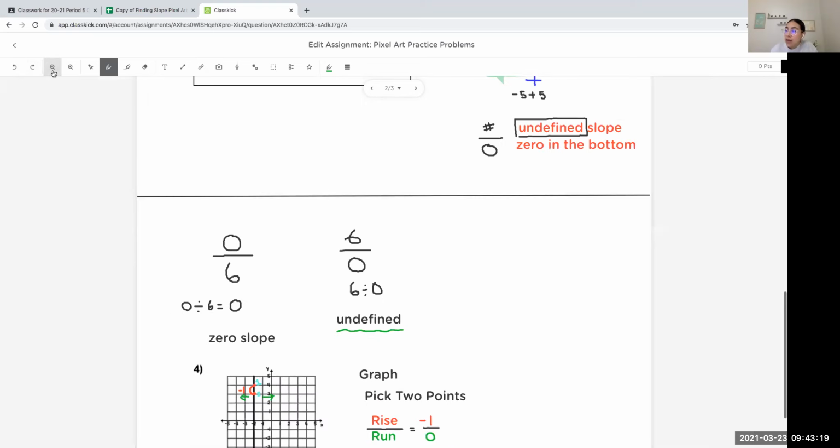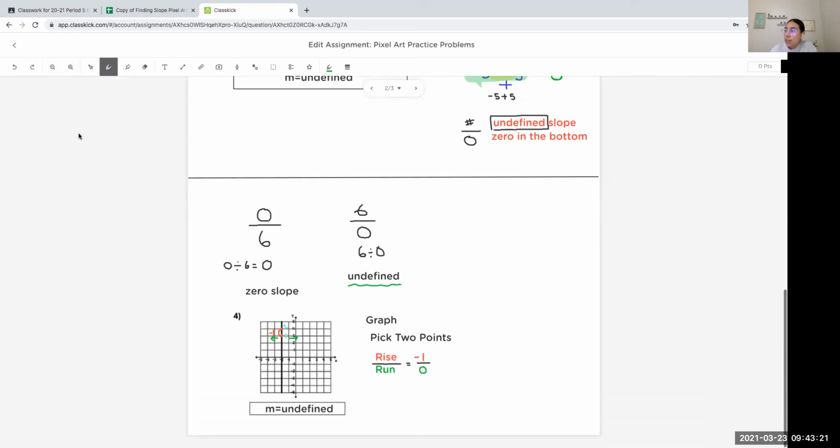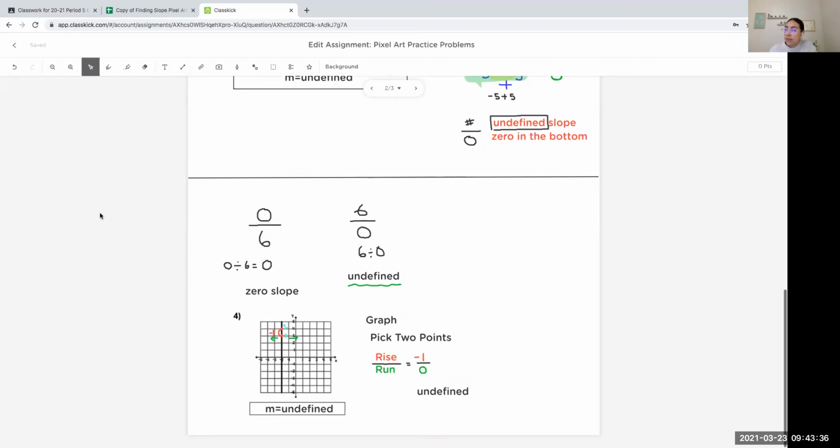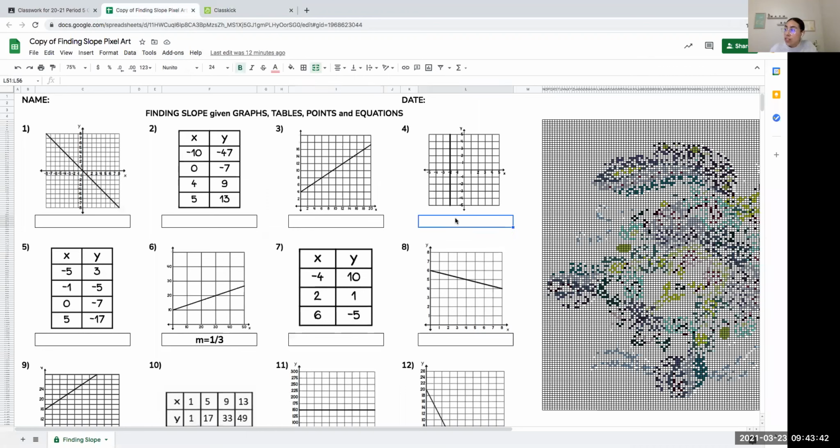So this line up and down and the line side to side, those are your special lines. So I'm going to zoom out. Going to let you guys take a screenshot of what an undefined line looks like. When we have that 0 on the bottom, right away, you should tell yourself that is an undefined slope. So I can go on over to my worksheet, double click on that and write in m equals undefined.